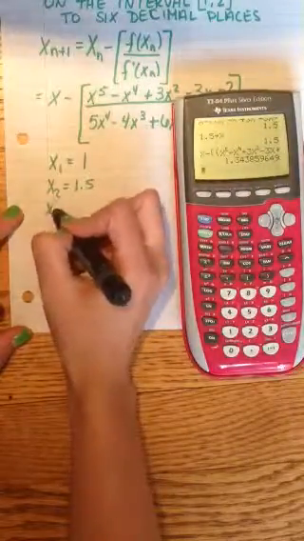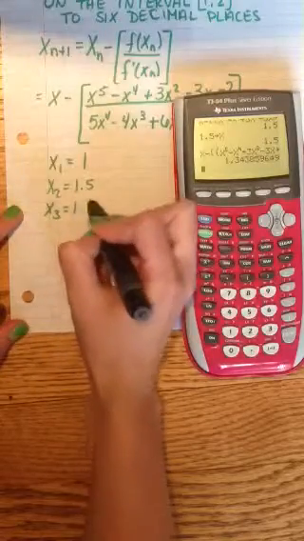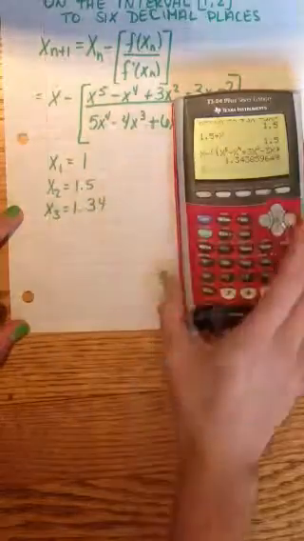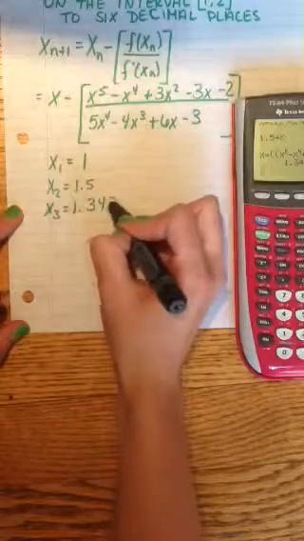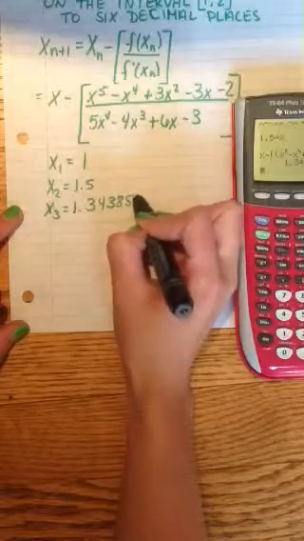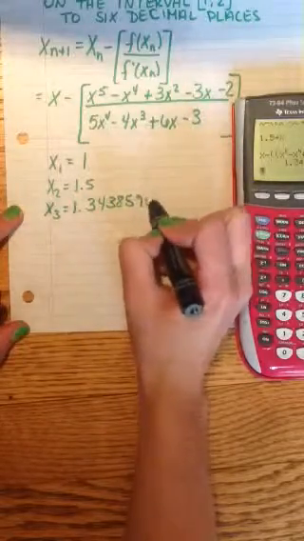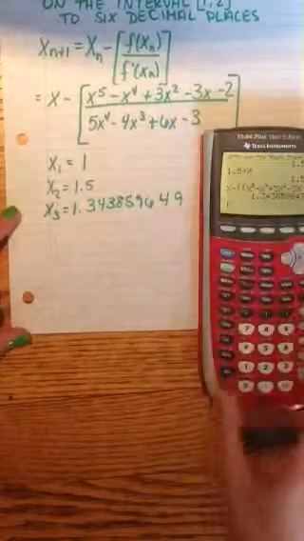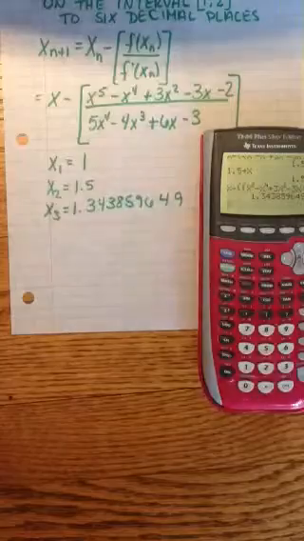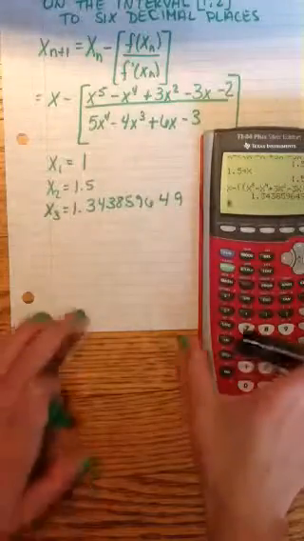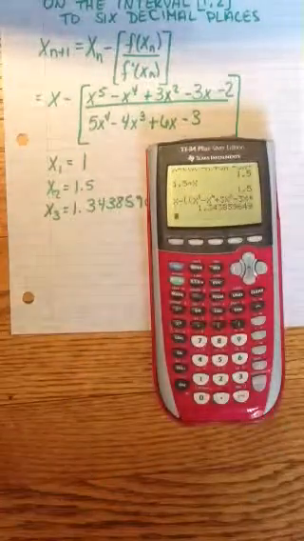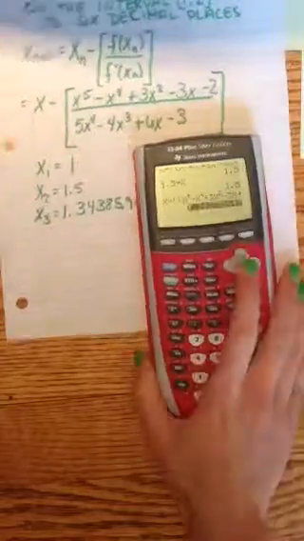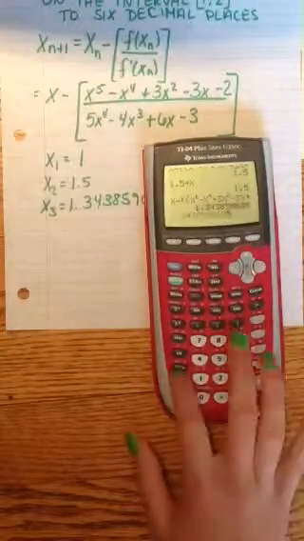So x3 is 1.343859649. Now we got it, we just keep going. So we can plug in this as x now.